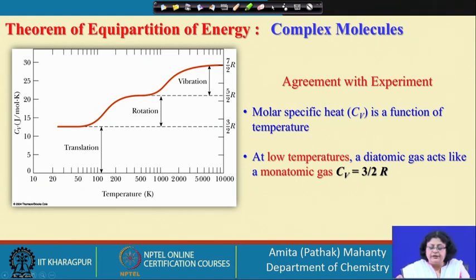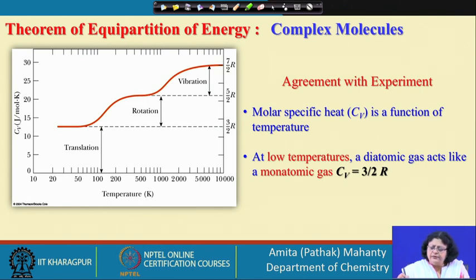Now we need to verify whether the internal energy associated with the molecule, which we have equated to the system, is proportional to the CV of the system, that is the molar specific heat at constant volume. Since this is a response function, we can measure it.